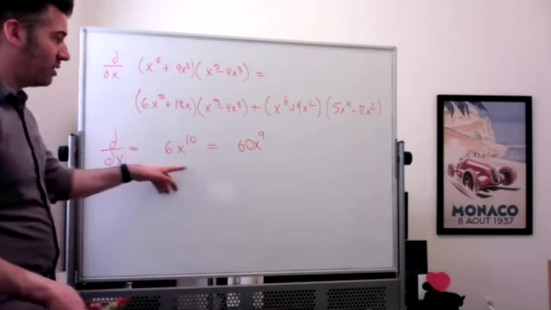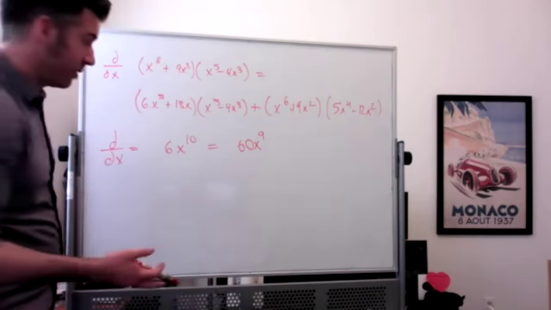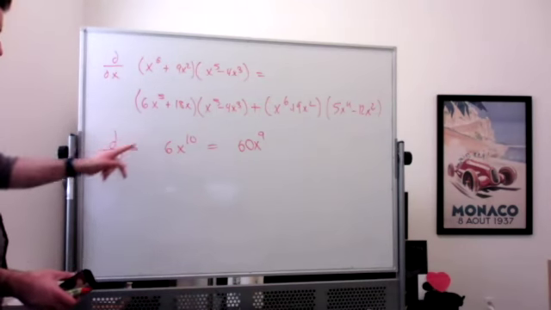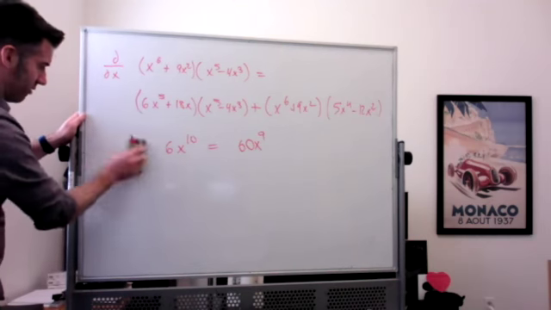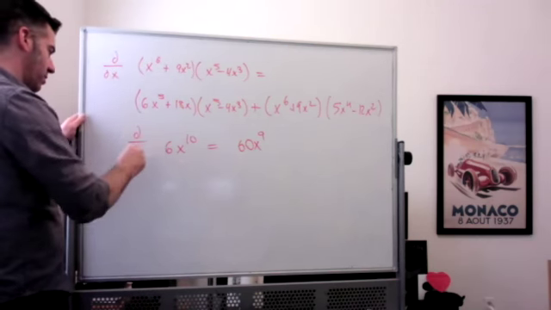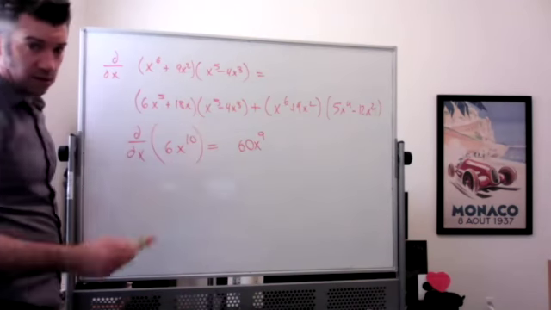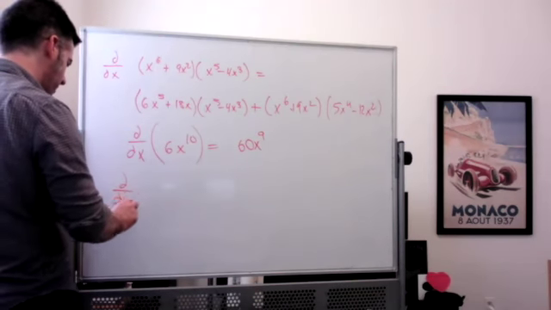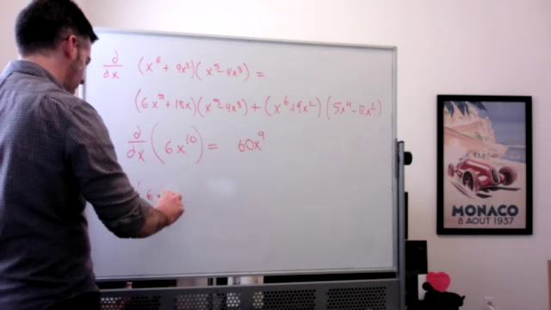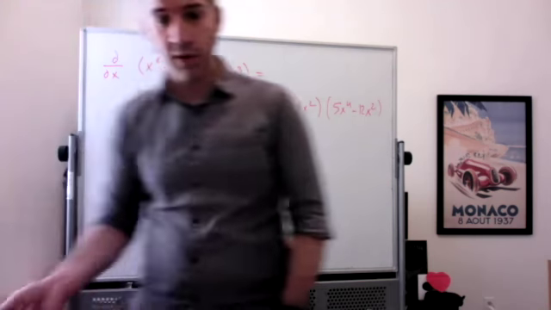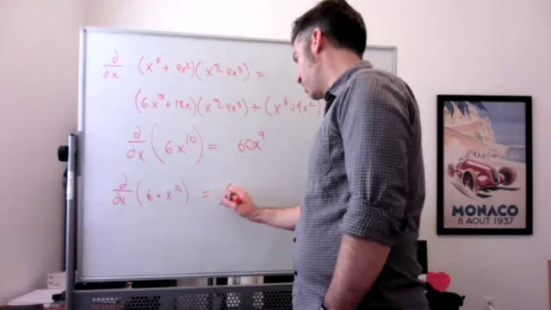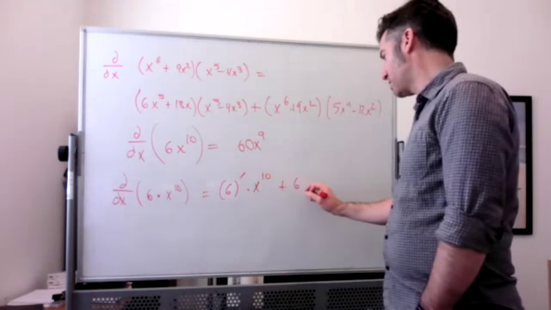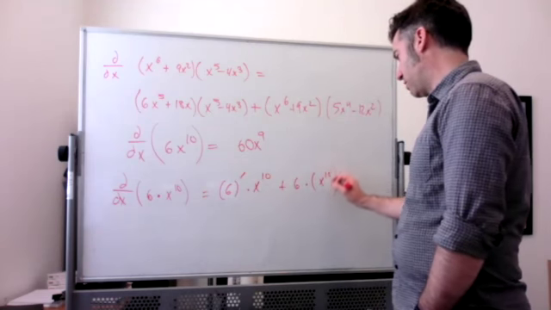But what you can actually think about is you're actually using the product rule here, right? Sorry, I wrote a bad notation here. It's not that the derivative is equal to, it's then taking the derivative of. Sorry about that. But one way I can think of this is it's really the derivative of 6 times x to the 10th. And so I could use the product rule here and say, okay, well, it's going to be the derivative of 6 times x to the 10th plus 6 times the derivative of x to the 10th.